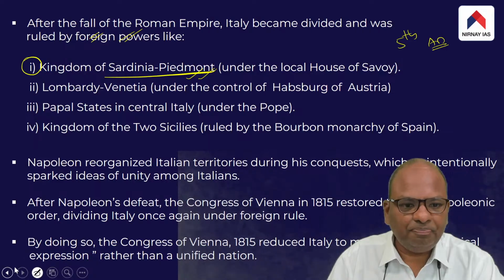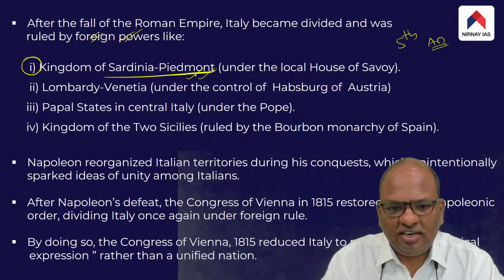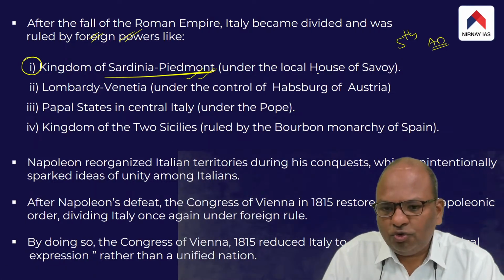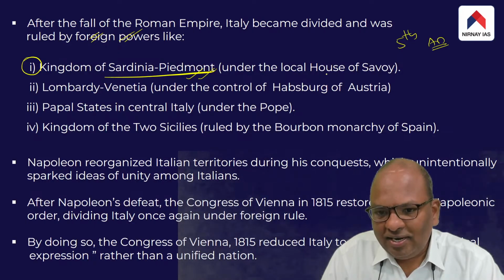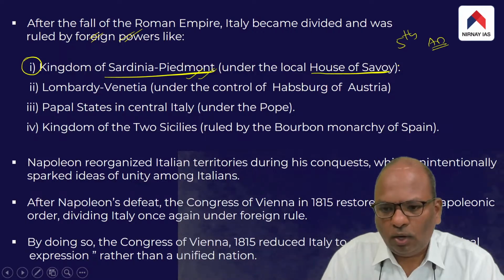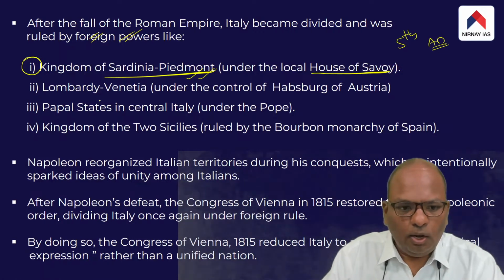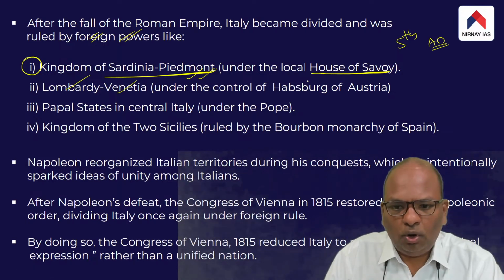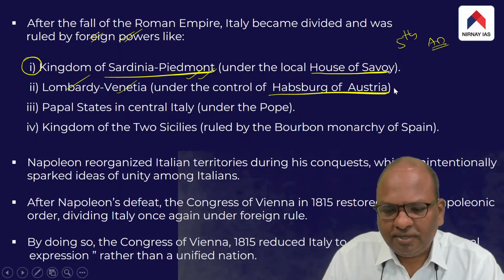For example, I told you the Sardinia Piedmont came under the control of the native Italian dynasty, the House of Savoy. Lombardy and Venetia, on the other hand, came under the control of the Habsburg of Austria.